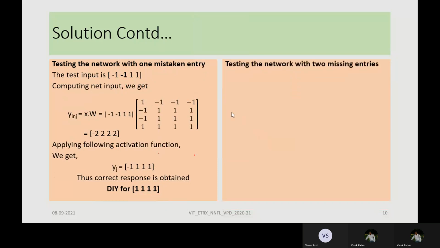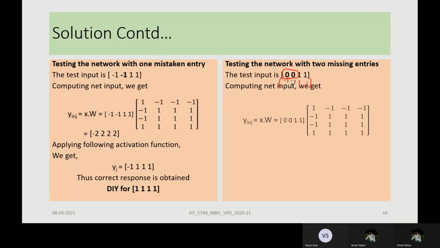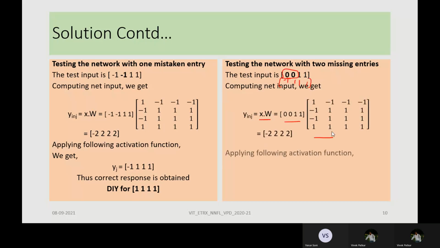Now let's check for two missing entries. Remember, our data was minus one one one one actual pattern stored. अभी ये दो entries are missing. Let's see. Same, we'll compute the net input using the same formula x dot w here, and we get this, and we will apply the activation function.